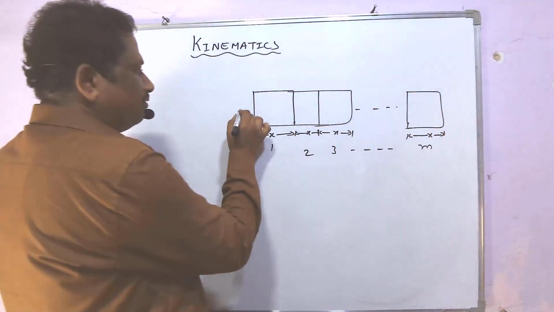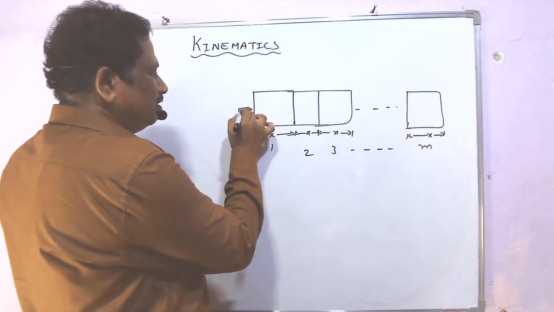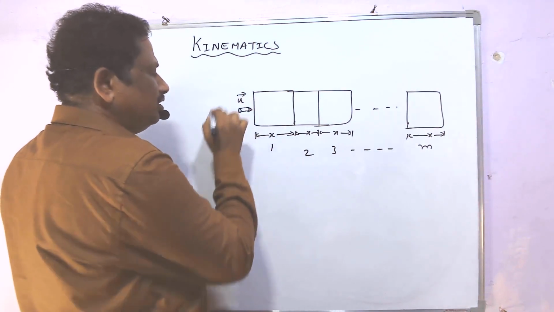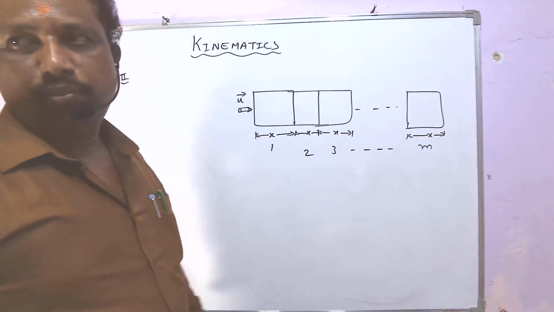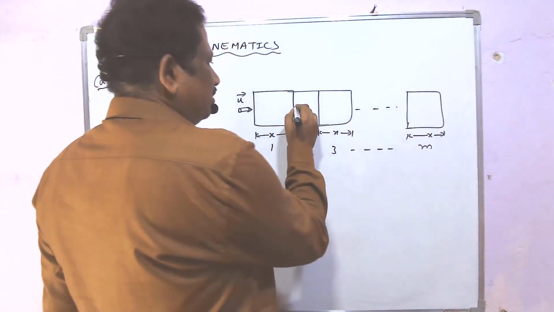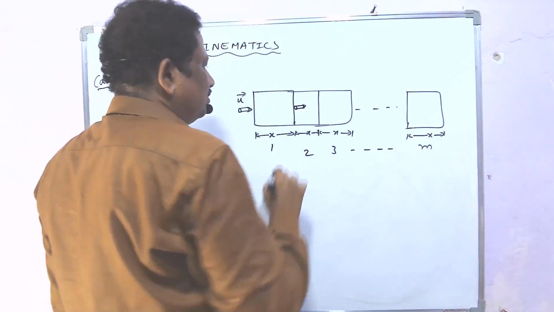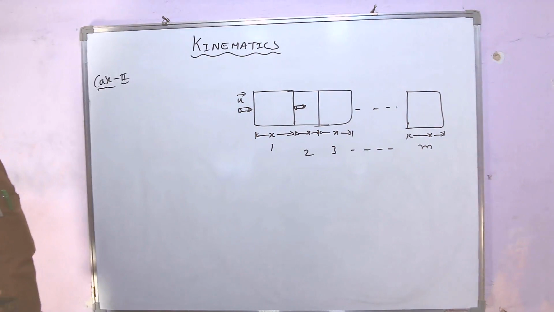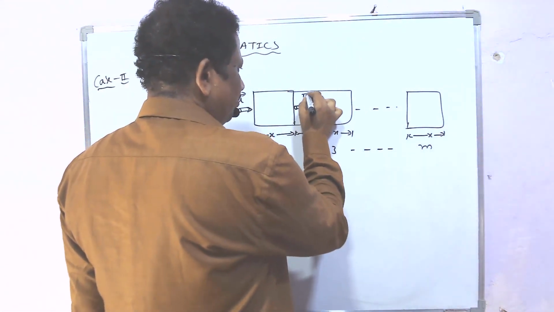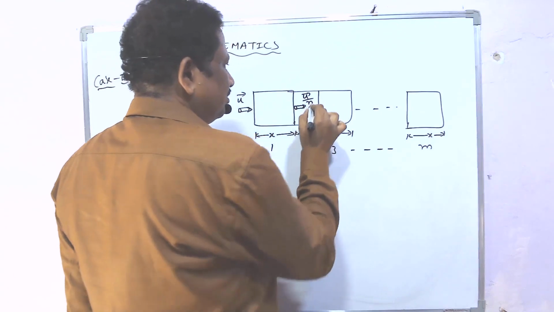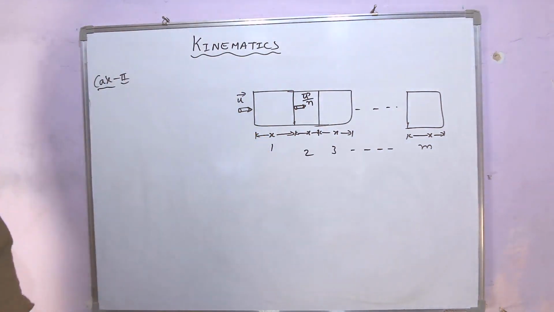If I fire the bullet through these blocks with initial velocity u, when it penetrates through the first plank and comes out, its velocity becomes 1 by nth of its initial velocity.